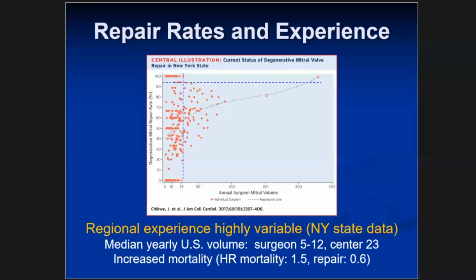And again, for the United States in general, the median number of mitral valve repairs per surgeon is on the order of 5 to 12 per year, and per center 23 per year. And we know that very low volume centers have a substantially higher mortality in comparison to very high volume centers. The mortality ratio for low volume centers is 50% higher than that of high volume centers, and the repair rates are 40% less.